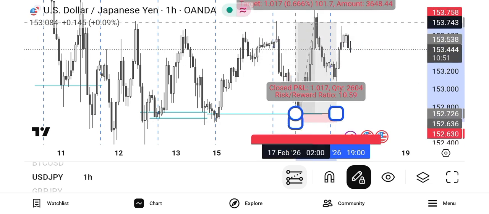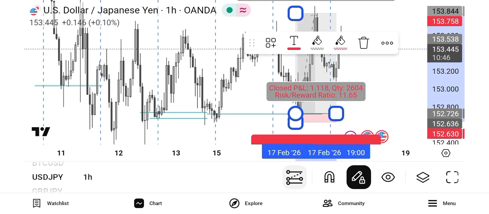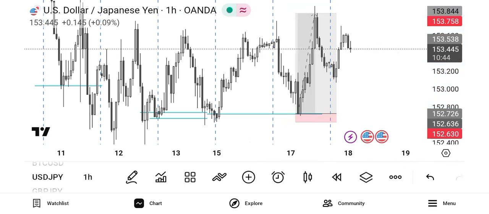But as I had explained, we got that entry, and it has already moved to somewhere around in here. So that was basically a re-entry.